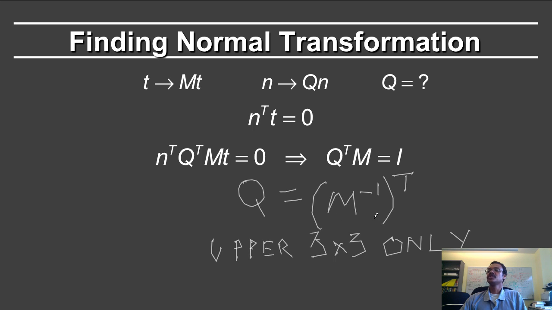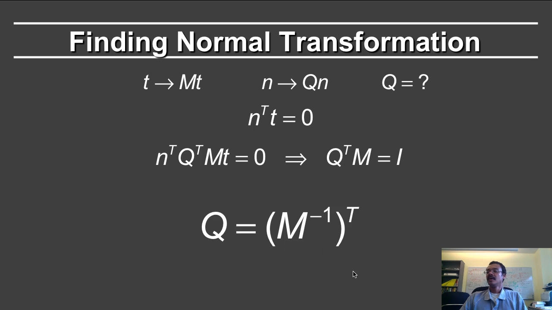But in order to change this vector, you do have to apply this inverse transpose to the upper left 3x3, which includes things like rotations and shears. And so I'll also say there's no effect of translation, right? So no translation applied. Finally, we have the formula here, Q is equal to M inverse transpose. And this formula must be applied to all surface normals.